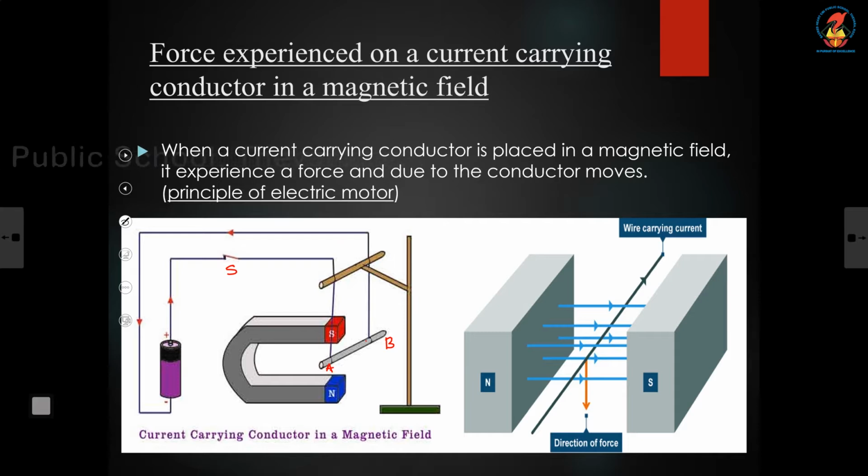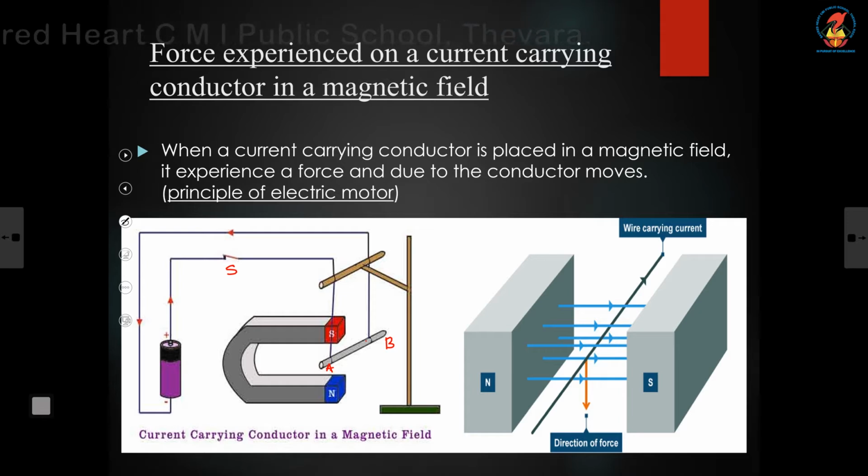When current is passing through a straight aluminum rod, it creates a magnetic field in the form of concentric circles.